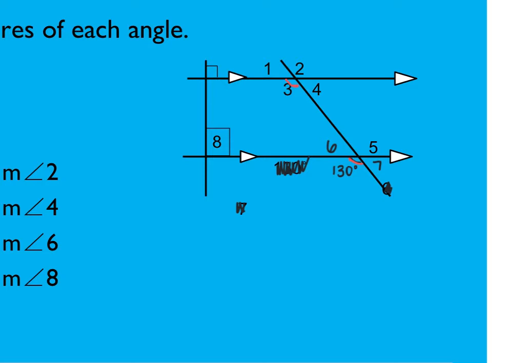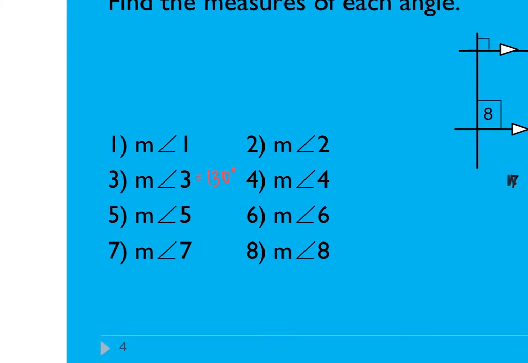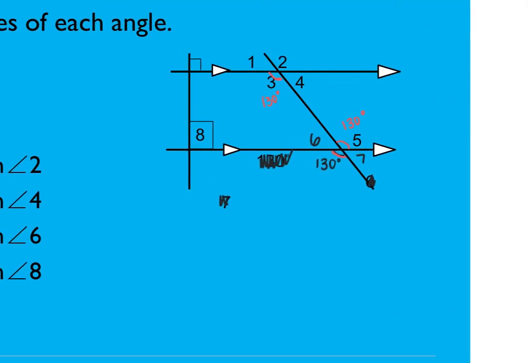And I see that the alternate interior angle to angle 3 is angle 5. So this one must also be 130. So let's fill in angle 5 is 130. Now that we know both of those, our third theorem says that alternate exterior angles are congruent. So this 130 here and this 2 are congruent. So 130 degrees.